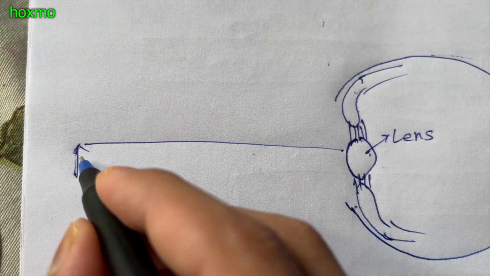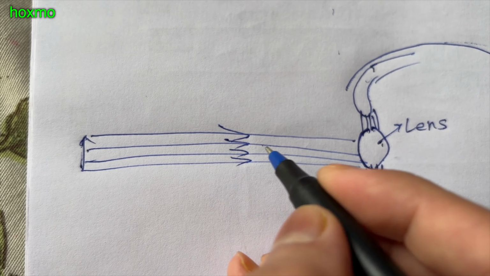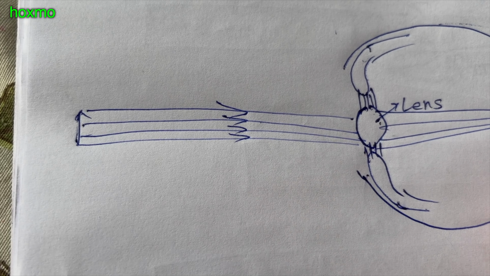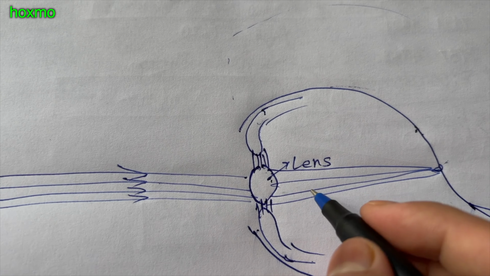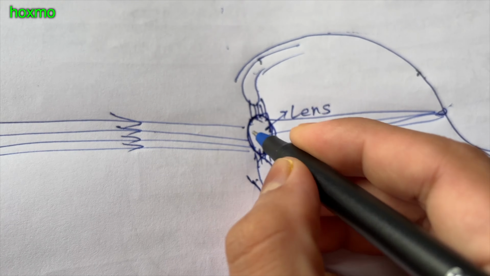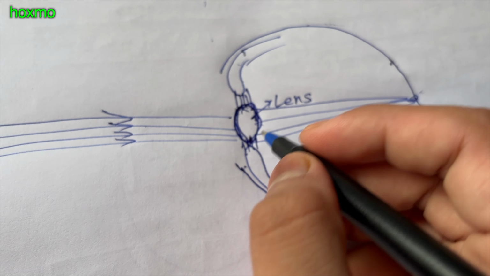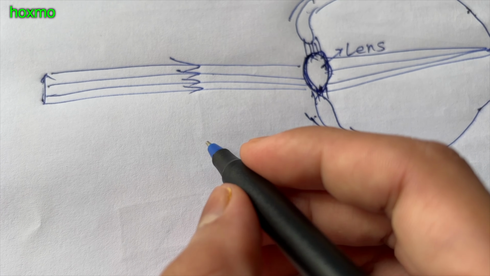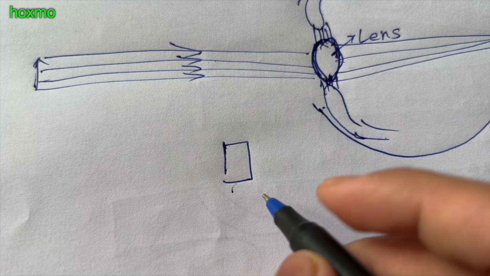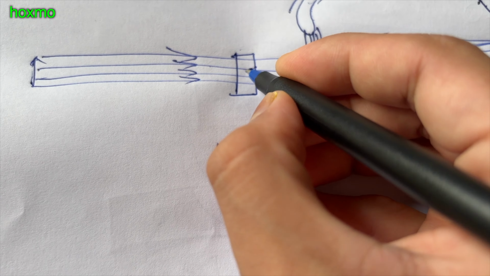Light rays come like this, and then converge onto the retina. This is the shape of the lens. But the same shape will change if you see any nearby object like a smartphone. So this is a smartphone.